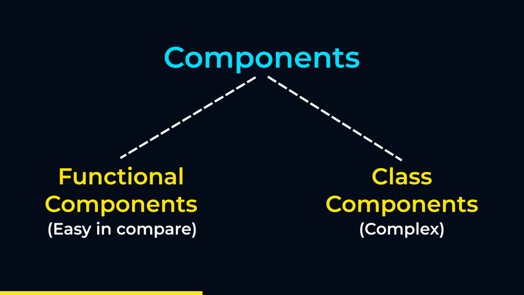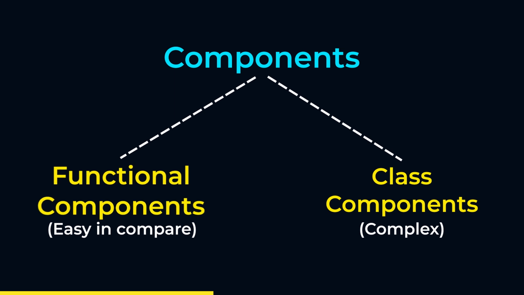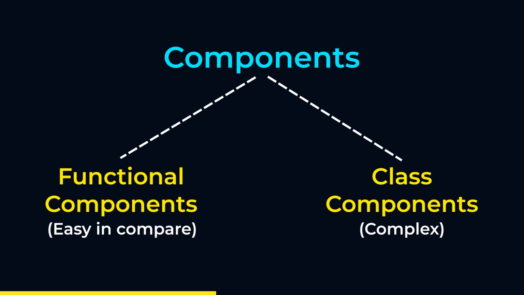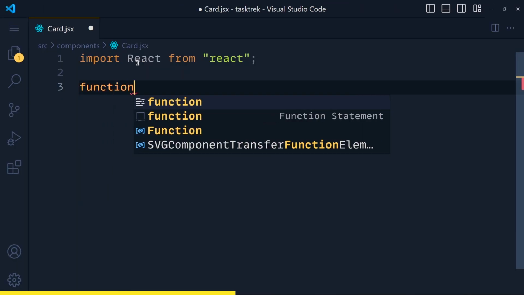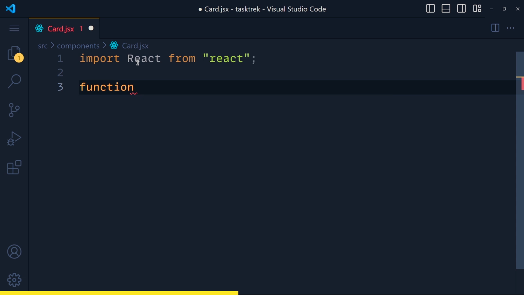When Facebook developed React the first time, there was only one component type which is the class component. But as React developed, it added functional components, and that makes React very simple and easy. So currently, almost all developers switched to functional components, and that's why I decided to create this course using functional components. So here we define a function with the same name as our component, which is Card.